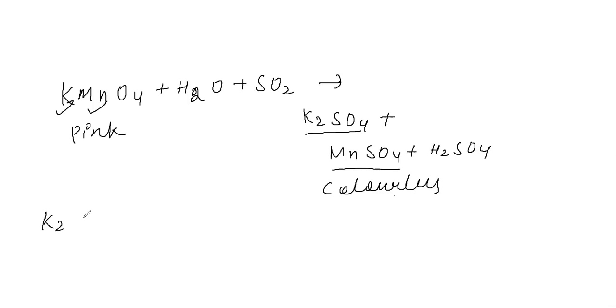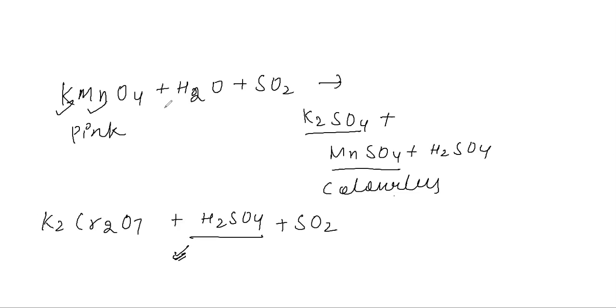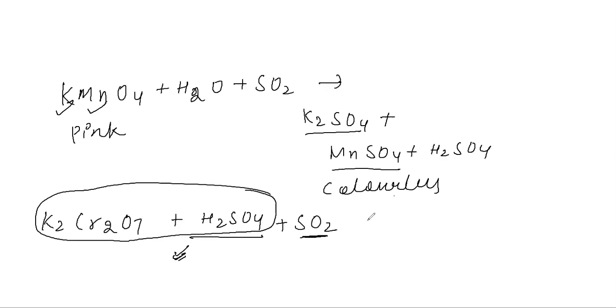Second one is the K2Cr2O7, potassium dichromate. That is also going to react. H2SO4 is the acid, the potassium dichromate solution in water, and SO2. That is better written here. In the first one, they did not write down the acid; here the acid should be there. This is the acidified potassium dichromate solution, and we are passing the SO2 gas through it. Here also it is going to form the salt of potassium, K2SO4.